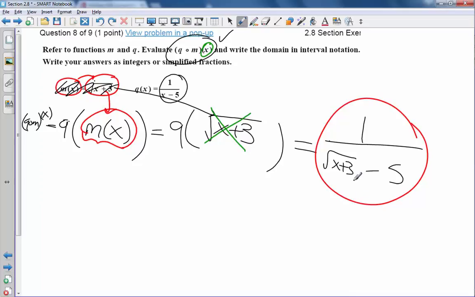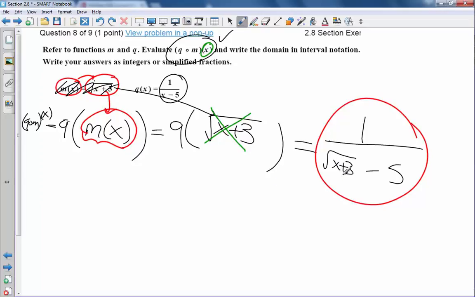So what makes this function sick? Everything less than -3. Alright, I see radical. As Andrew said, we need to watch for negative numbers under radical. So we must exclude anything less than minus 3 because it's going to make this negative.